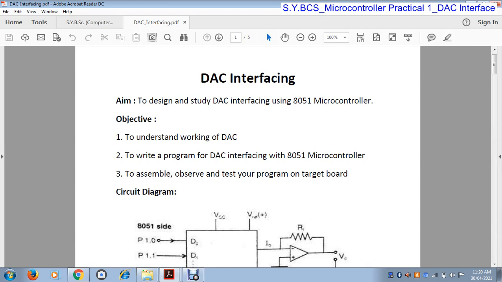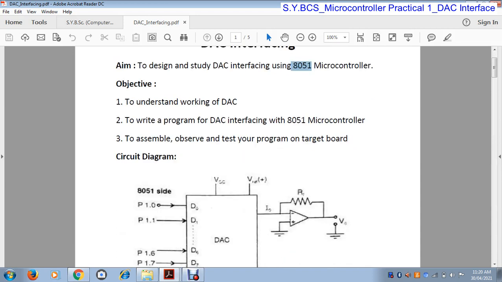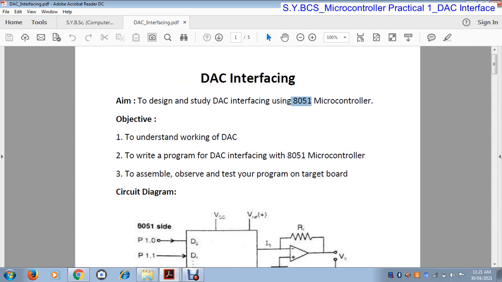The objective is to understand the working of DAC, write a program for DAC, and assemble, observe and test your program on the target board. For interfacing the DAC, we write code and we test and analyze this code.